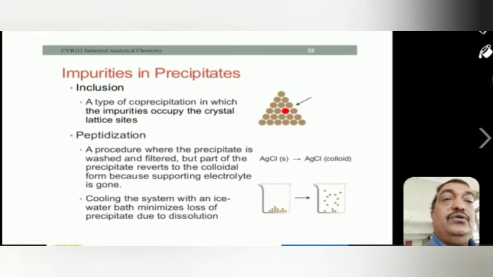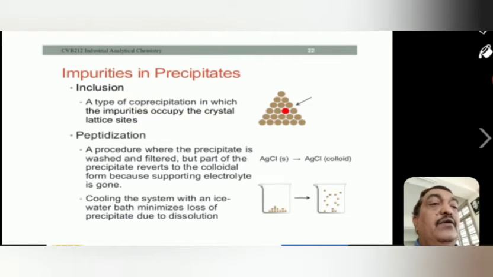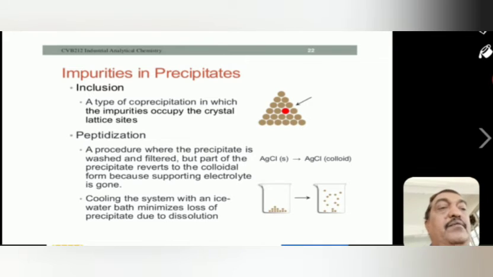Okay? So, peptization. Peptization is a process in which a precipitate is already formed, in a crystalline form. But due to change in the temperature condition, the precipitate again gets converted into colloidal form, and these colloidal particles again affect or surround the surface of your precipitate.